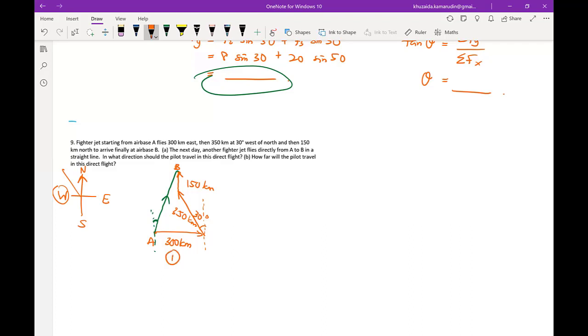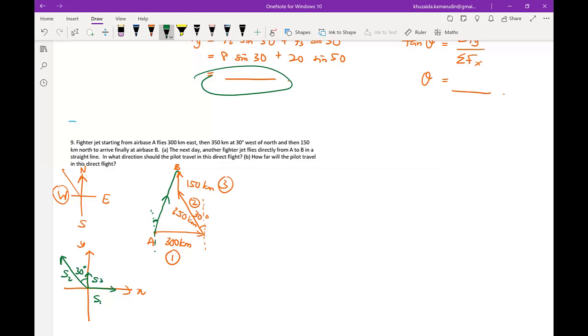1, 2, 3. Right, so if we put in the Cartesian coordinate, so what we're gonna have over here, okay, y, x. So what we're gonna have is this one, okay, number 1, right? So saya label sebagai S1, okay, and then you have S2 with the angle 30 degrees, and the last one you have S3.